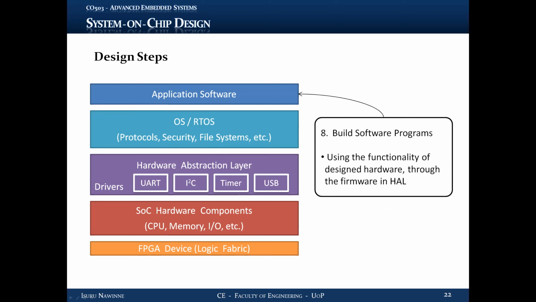And then you build software programs, write programs in C or assembly and download them onto the system on chip that is now on your FPGA. The functionality of using hardware from your application is implemented through this hardware abstraction layer.